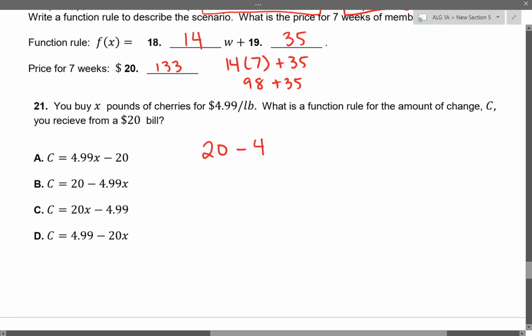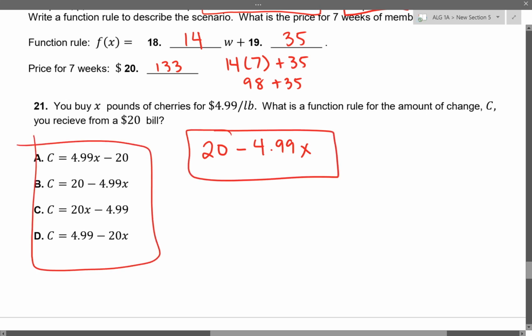Well, the cherries are $4.99 per pound. So per pound is x. Which one of these matches which one of these? So the first one is 4.99x minus 20. That doesn't work. Okay. The next one is C equals 20 minus 4.99x. That seems to work. So B would be our answer.